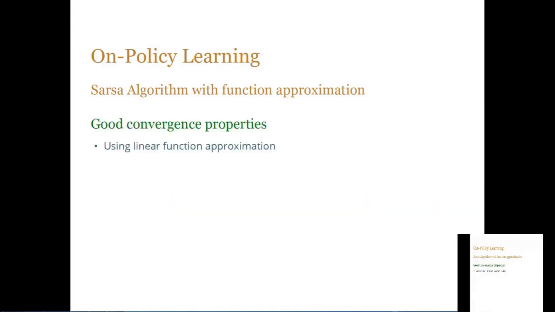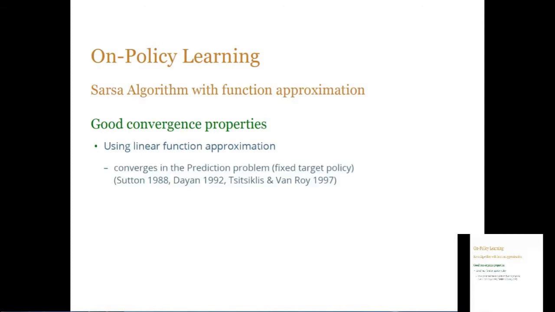So it turns out that on-policy learning algorithms like the SARSA that we just saw converge very well in practice once we use function approximation. If we use linear function approximation, you can show theoretically that it converges in the prediction problem. So if you just want to estimate the value function, you can prove convergence.